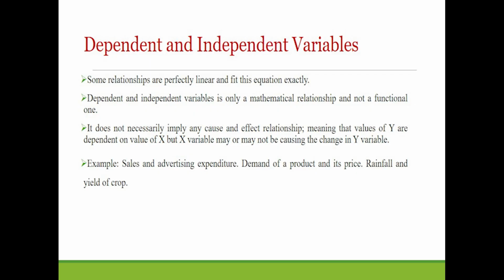Now, basically in regression, we understand regression in terms of simple linear regression or simple linear equations. Linear is something which is straight, and simple is one where we are talking about only one independent variable. So, dependent and independent variables have a mathematical relationship with one another.